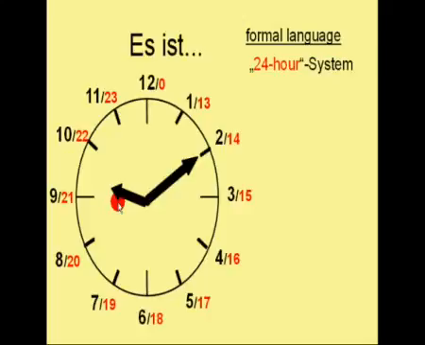Es ist 9:10 Uhr, the 9th hour and 10 minutes, right? And if you mean in the evening, 9 p.m., you simply say Es ist 21:10 Uhr, because it's the 21st hour and 10 minutes.